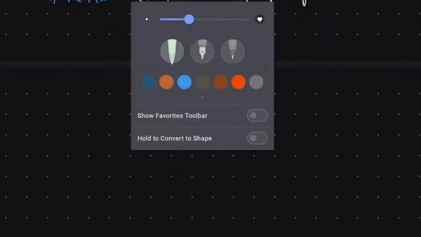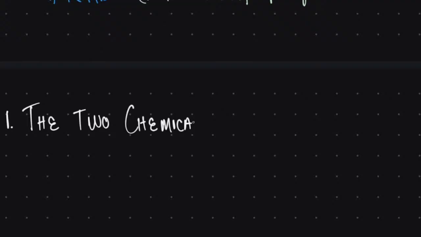So 1. The two chemical tests for water. You must know them. The 2 chemical tests for water.